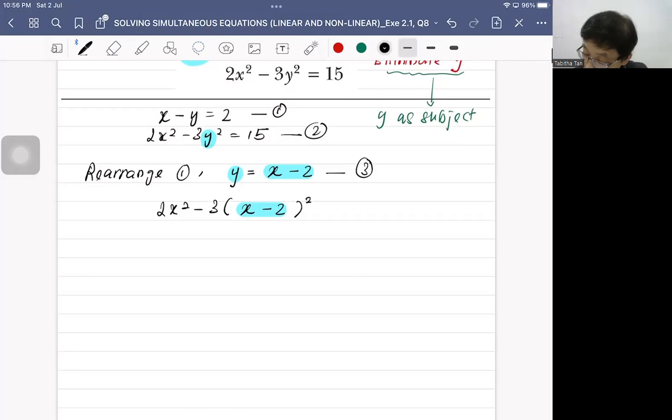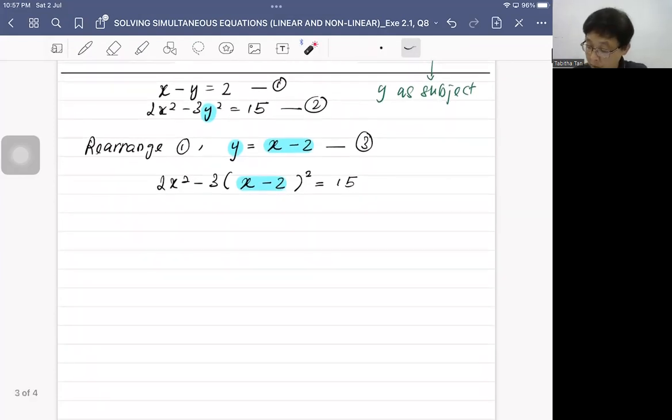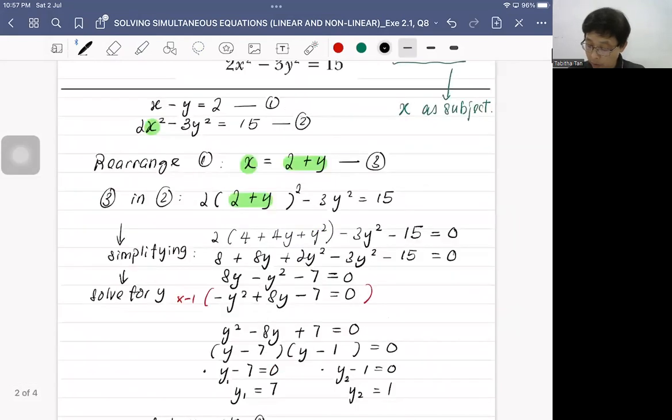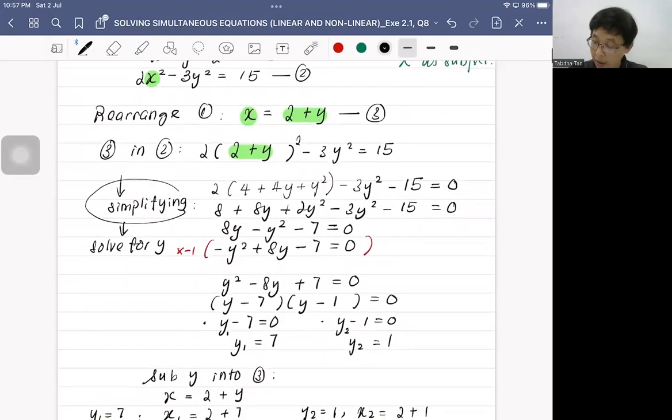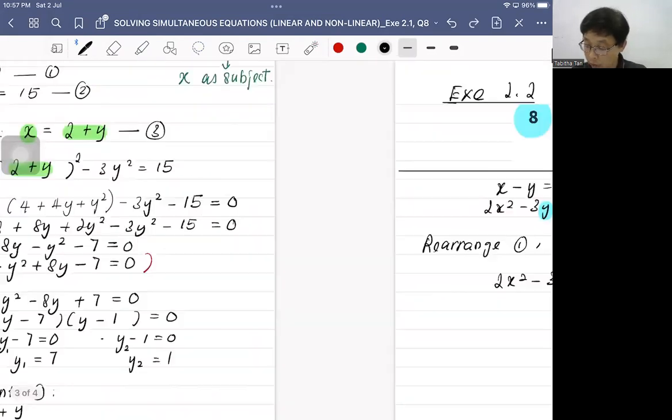And the rest, we will just keep the integrity of the equation. Okay, so from now on, again, you see that y is no longer to be seen. In other words, congratulations, you have successfully eliminated y. Therefore, what we do is we will simplify, and then we will move on to solve for x.